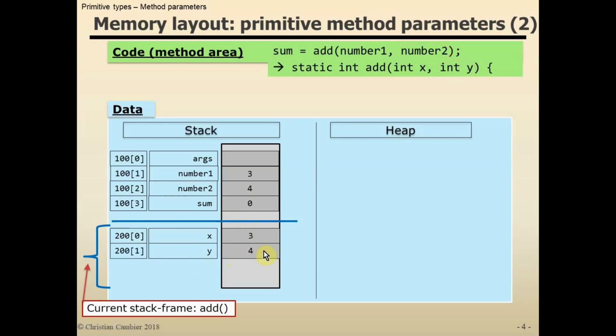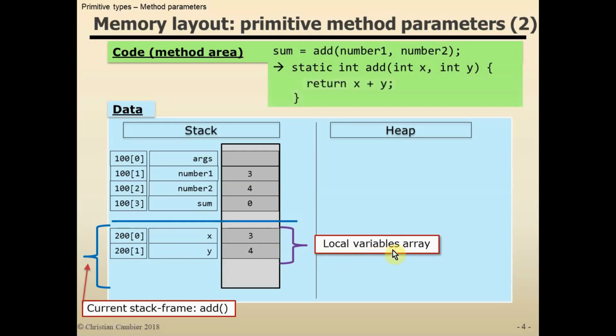And those two parameters are thus stored in the local variables array. Now, this method doesn't have any other local variables, so these two are the only variables stored in the local variables array. When we continue the execution of the add method, we need to return the sum of x and y. So 3 plus 4, and that is stored in the stack frame as well.